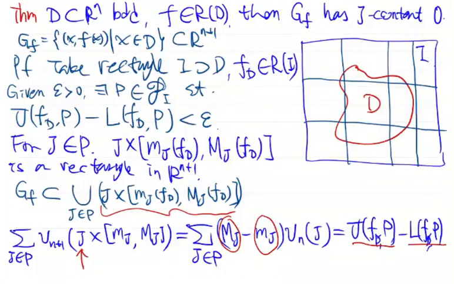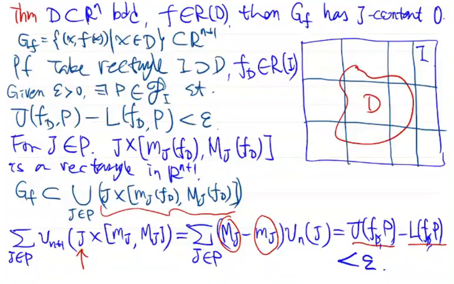So by the integrability of f_D, this is less than epsilon. So we have proved that finitely many n+1 dimensional rectangles cover the graph of f. The total volume of such rectangles is less than epsilon.